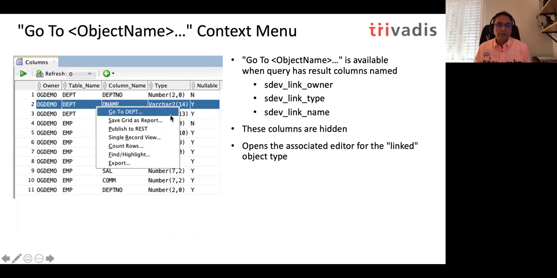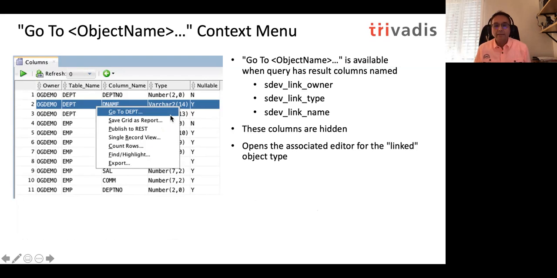Then when you are writing a table report, there are some tricks to enhance this table report. One of these tricks is to navigate to other database objects, to add such a context menu, like here, go to depth. I'm here positioned on a column and would like to go to the depth.